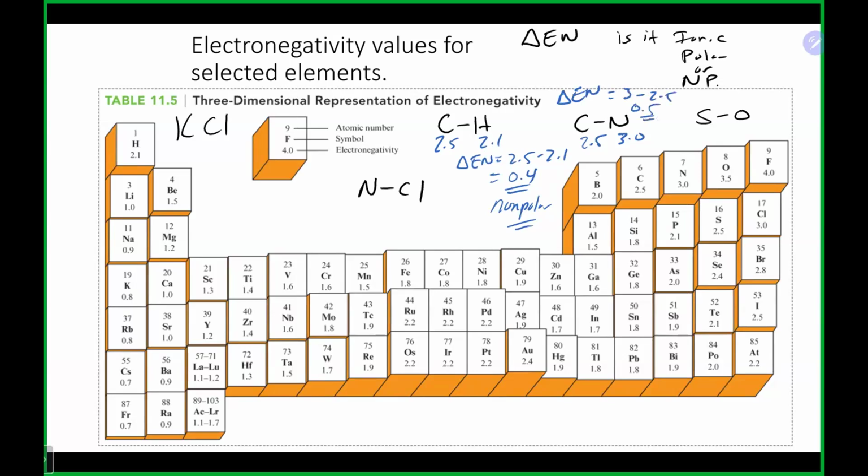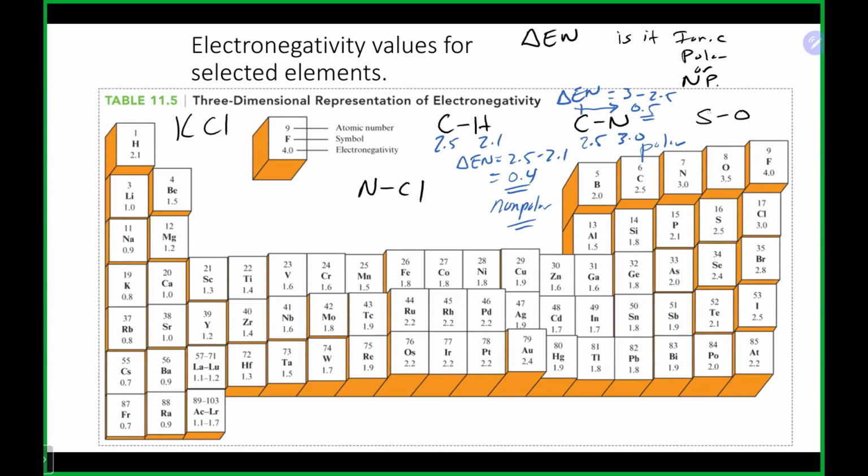And 0.5 is above 0.4, and this is going to be a polar bond, with the arrow drawn towards the nitrogen, as it is more electronegative in this case. That would mean in this bond, the nitrogen should be more partially negative, and the carbon should be more partially positively charged. Any questions on that?